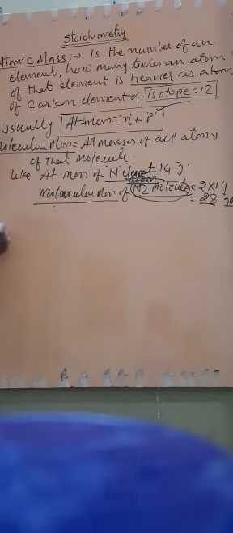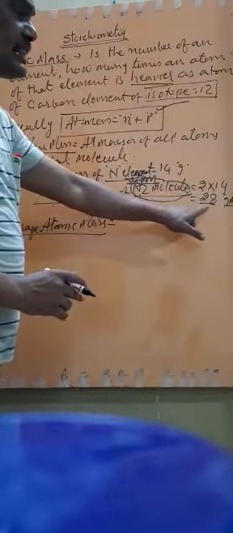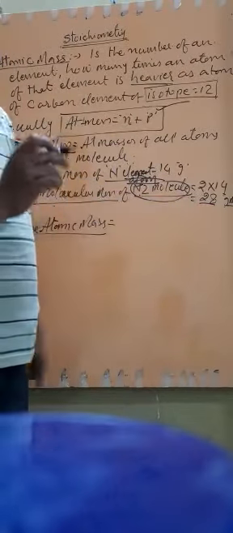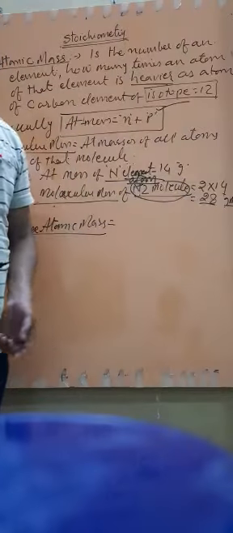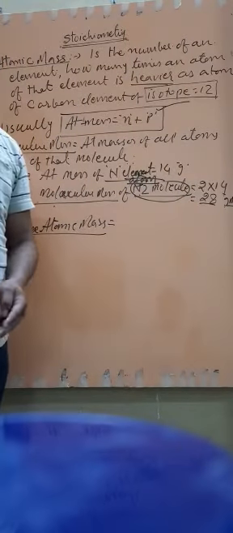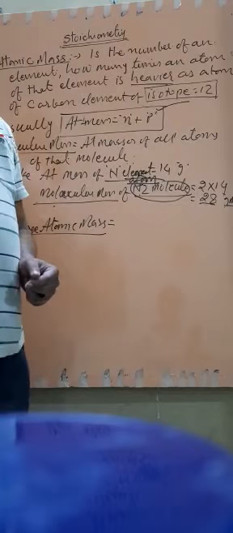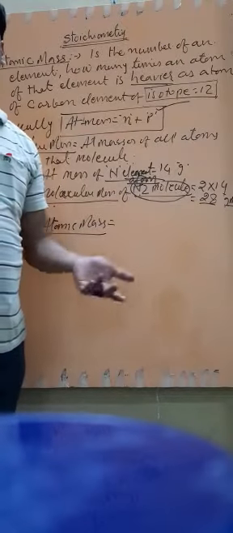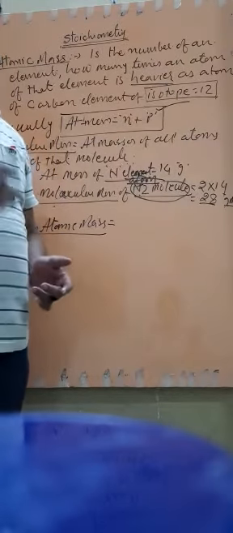Now, average atomic mass. Students, usually you have seen that atomic masses are not given as exact whole numbers. For most elements it is given as a fractional number. So how do these fractional numbers come? Like we say, the atomic mass of hydrogen is 1.008, and the atomic mass of oxygen is 15.996.